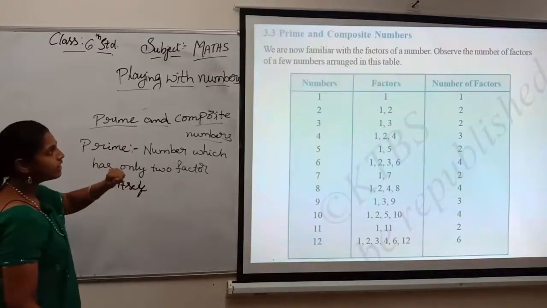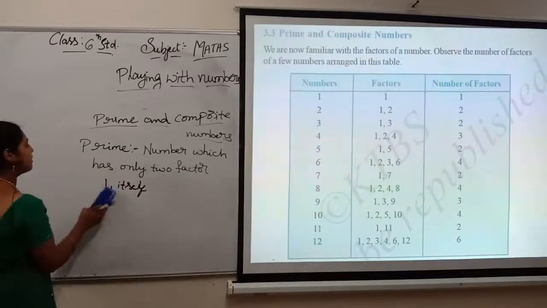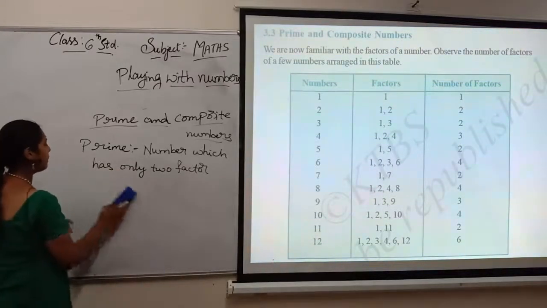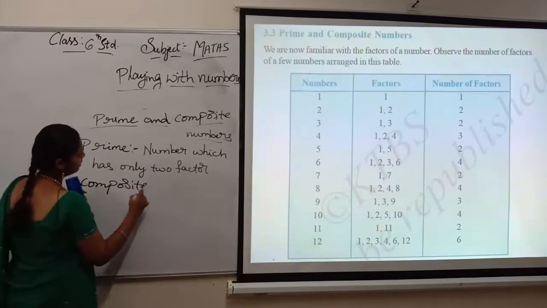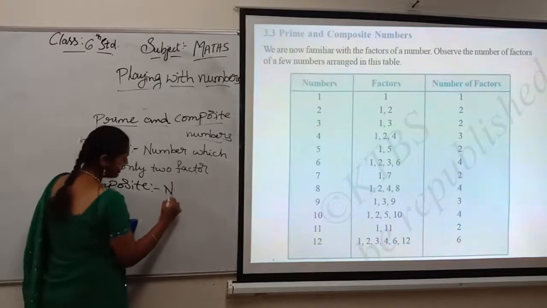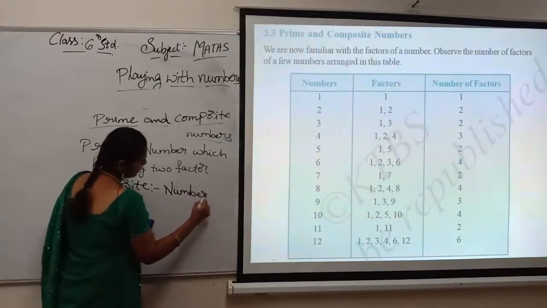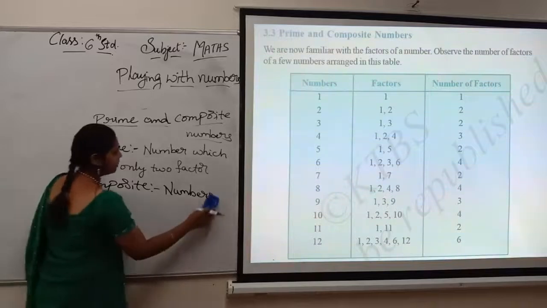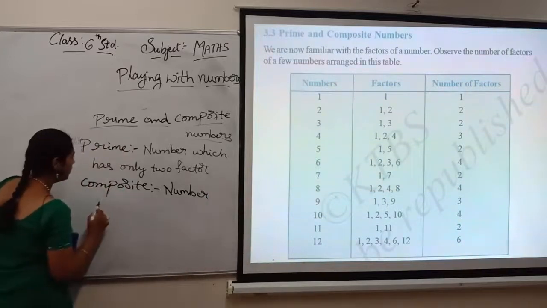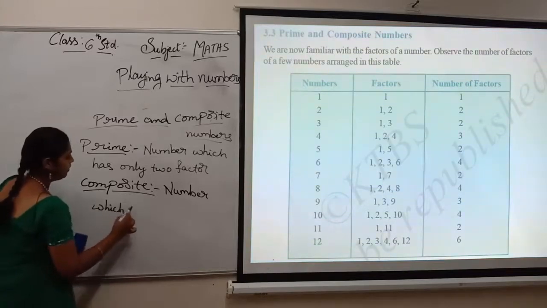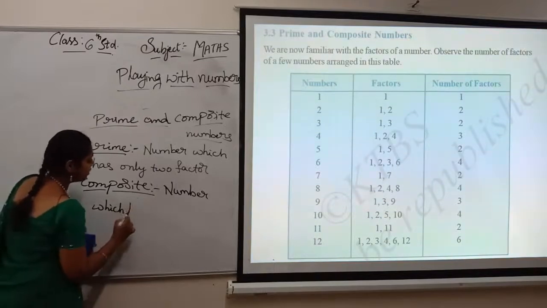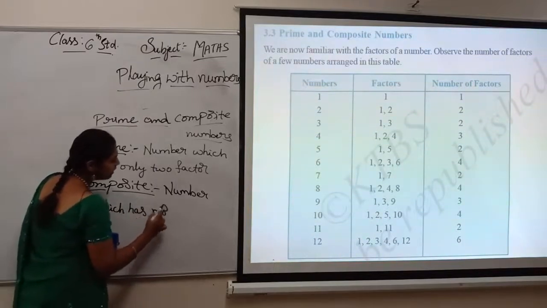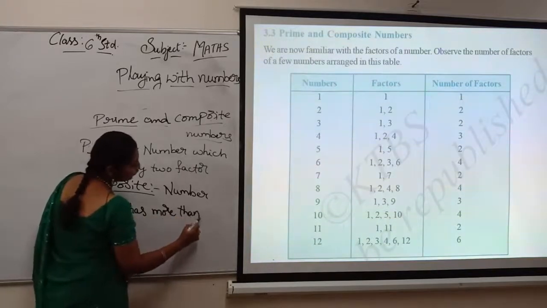First I will say composite numbers, after that I will explain. Composite numbers are numbers which have more than two factors.